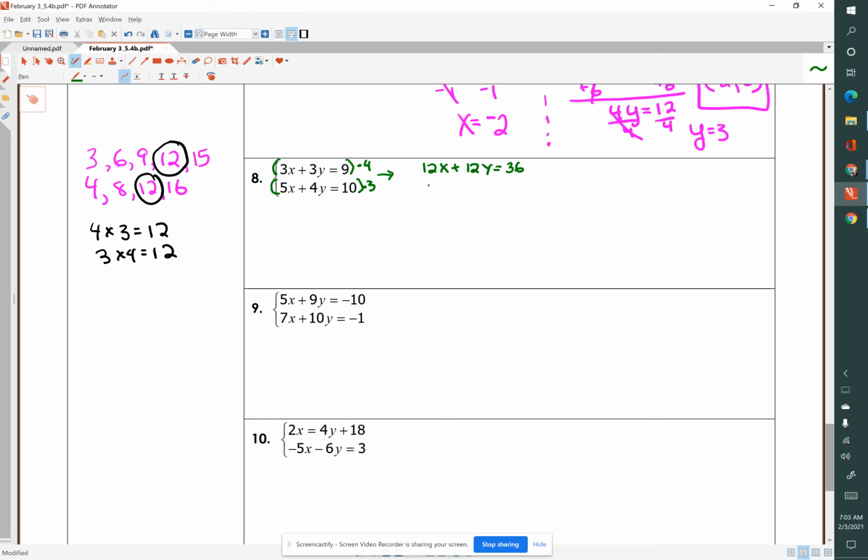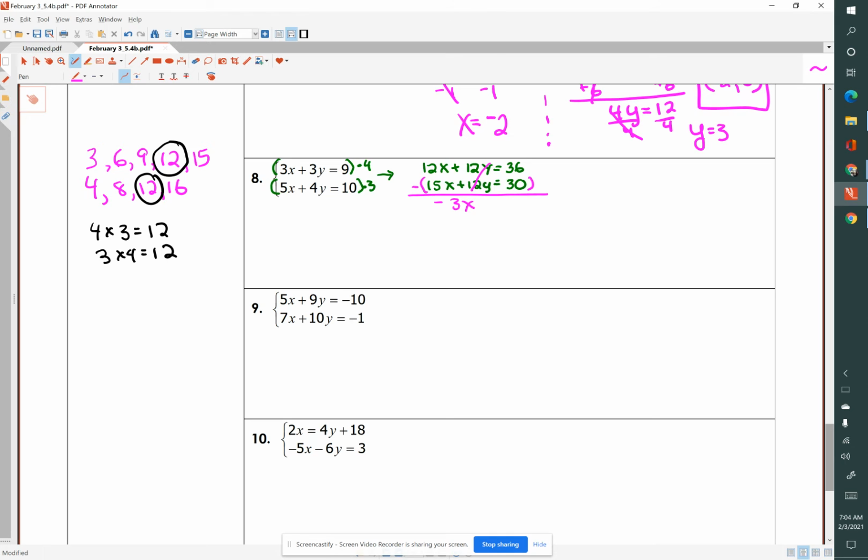And I multiply the bottom equation by 3, so that would be 15x plus 12y equals 30. Now I can go ahead and subtract the second equation from the first. 12 minus 15 is negative 3x.